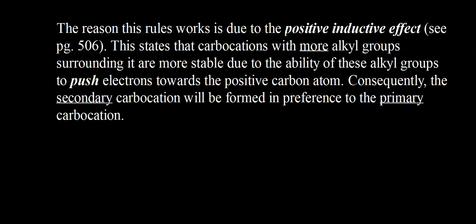So again, due to positive inductive effects, so those alkyl groups pushing electrons towards that carbocation, making it more stable and more likely to be produced than the primary carbocation. Therefore, we end up with 2-bromopropane as the product versus 1-bromopropane.